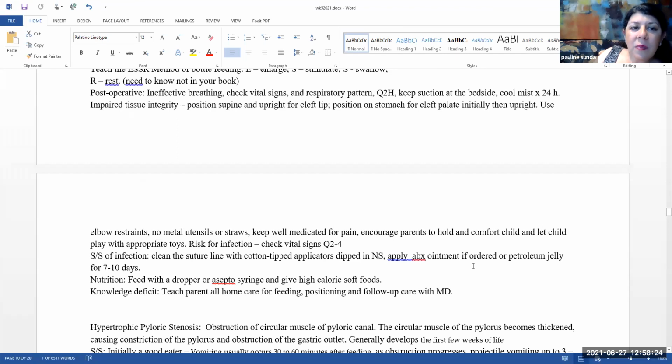Postoperatively, here we need to monitor for ineffective breathing, check vital signs, and assess their respiratory status. We want to keep suctioning at the bedside. They may be in a cool mist tent for the first 24 hours after surgery. Typically, they will be positioned supine and upright for cleft lip.